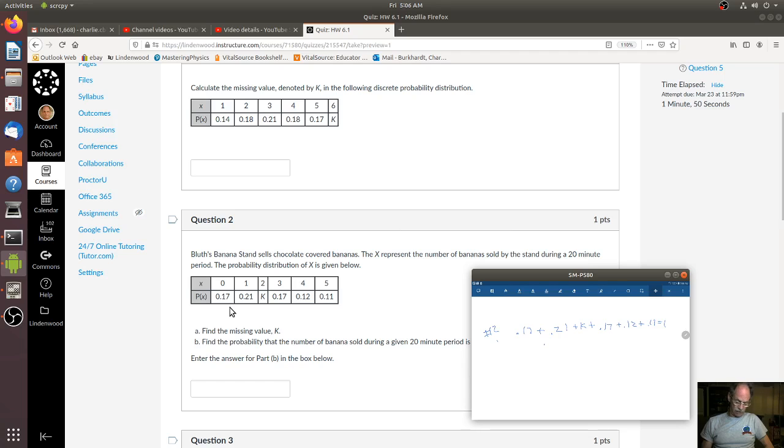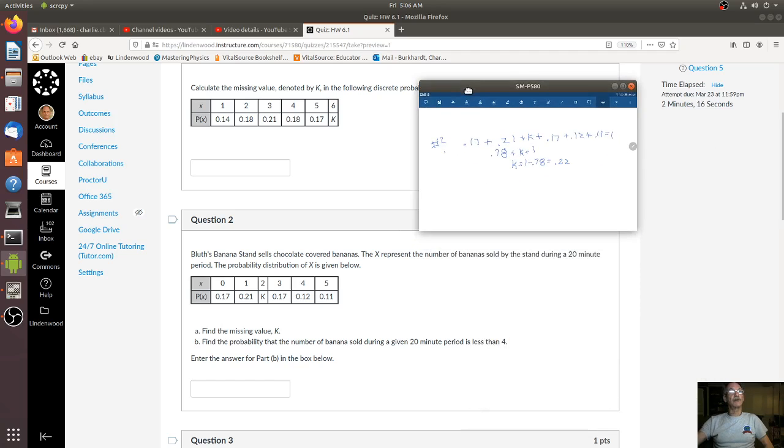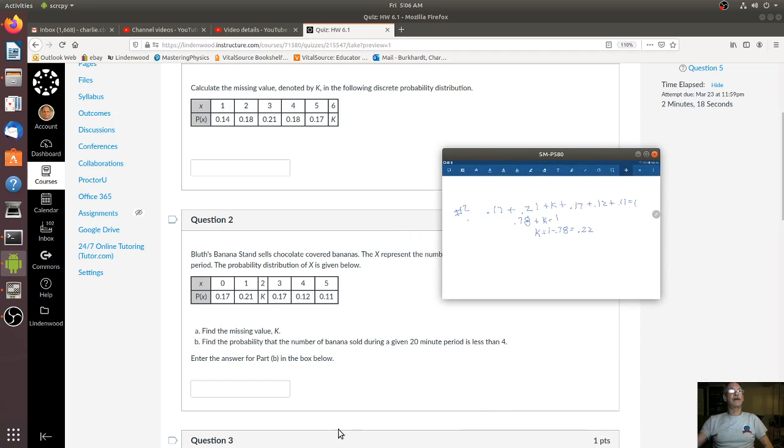So I get 0.78 when I add all those together, if I haven't made an arithmetic mistake, plus k is equal to 1. Then you subtract 0.78 from both sides, and I get k is equal to 1 minus 0.78, that's 0.22. So for question number 2, k is 0.22.